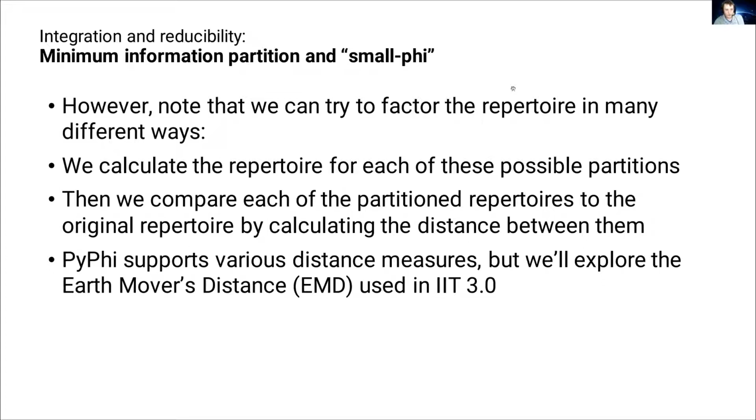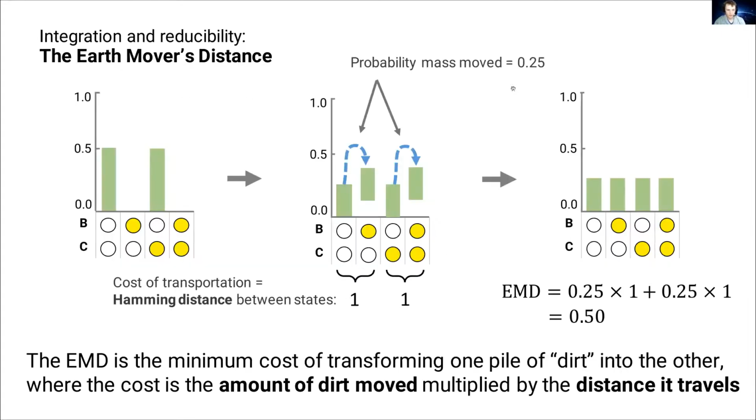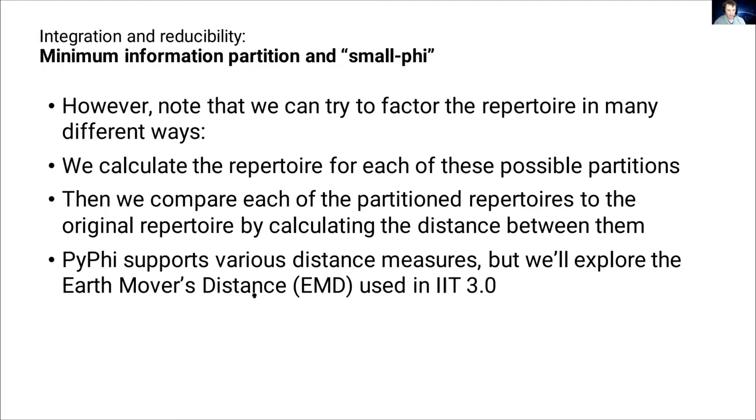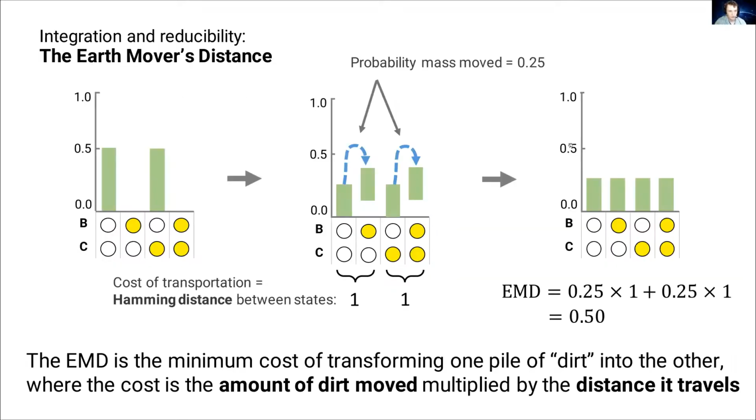The way we're going to do the comparison between an unpartitioned and a partitioned effect repertoire, or an unpartitioned and a partitioned cause repertoire, is by using earth mover's distance, which is what's used in IIT 3.0. But you could potentially use any other distance metric if you were interested. The way earth mover's distance is calculated is you take some effect repertoire and some other effect repertoire, each a probability distribution over states.